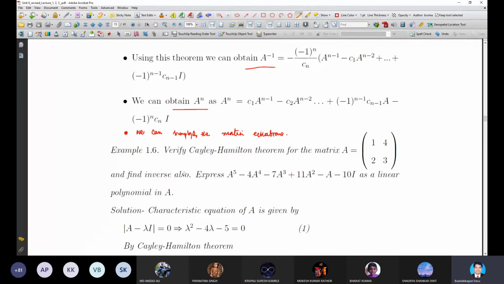So for the first part, verifying the Cayley-Hamilton theorem, how can we verify it? Can anybody say? How can we describe the verification of the Cayley-Hamilton theorem for any given matrix? Sir, firstly find the characteristic equation and put A in it. Right.